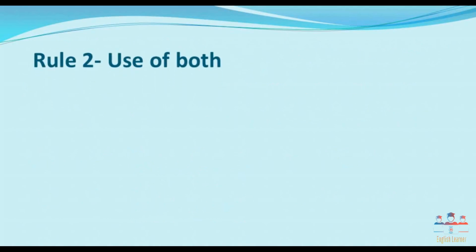Next we have rule number 2, use of both. As the name indicates, both is used for things which are 2 in number and we are going to consider those 2 things at a time. Both is used with a plural noun and can be used to link 2 adjectives, or you may say 2 nouns, to the sentence.